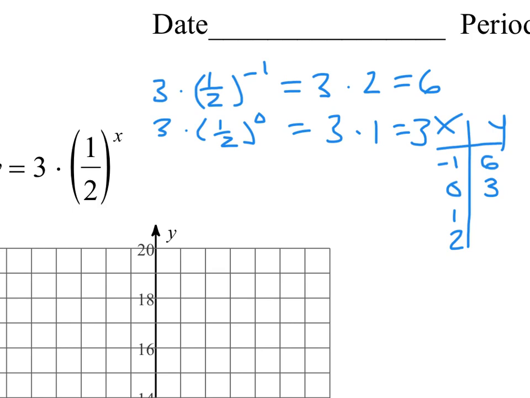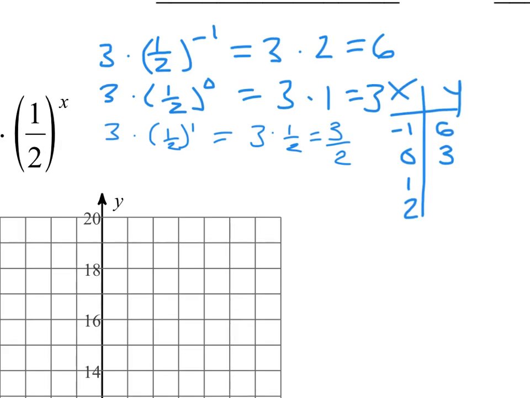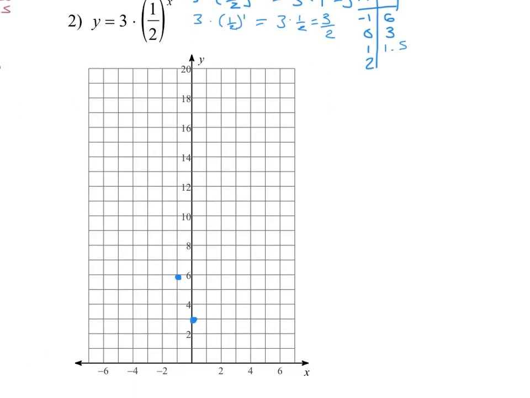And then next we have 3 times 1/2 raised to the first power, which is 3 times 1/2, which is 3/2. If we want, we can change this into a decimal, just so we can see it better on our graph. So this would be 1.5. So we're going to go to the right 1 and up 1.5, which is about there.